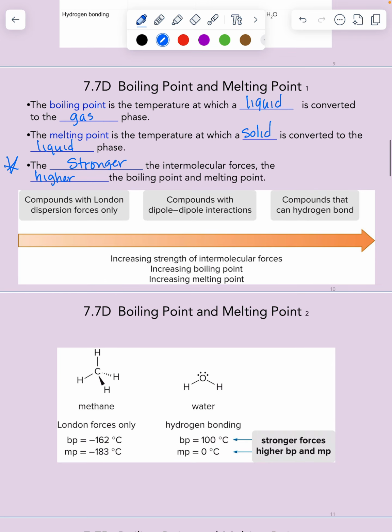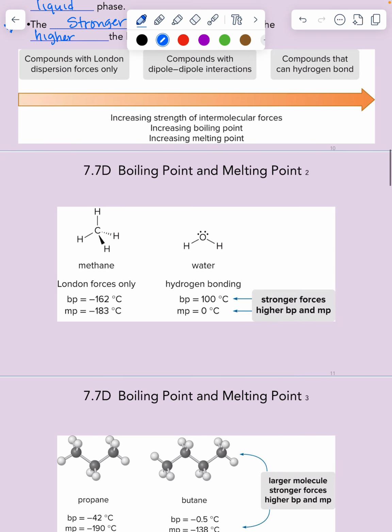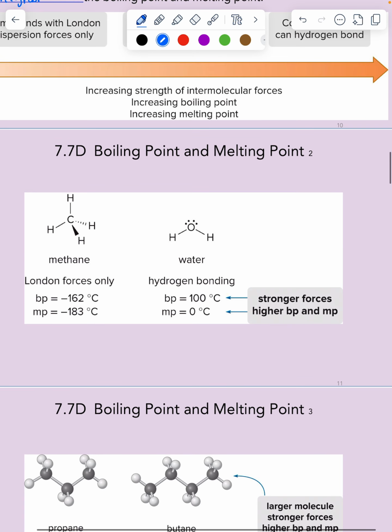We have methane. Methane is a nonpolar molecule, only has LDF forces attracting multiple methane molecules together. And so we can look at its melting and boiling points and see that they are very low. So negative 162 and negative 183.